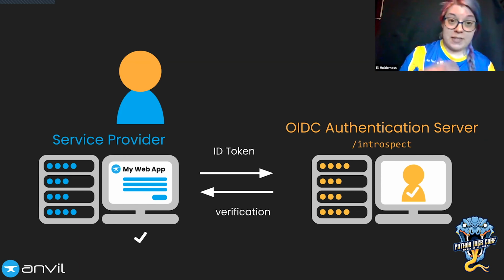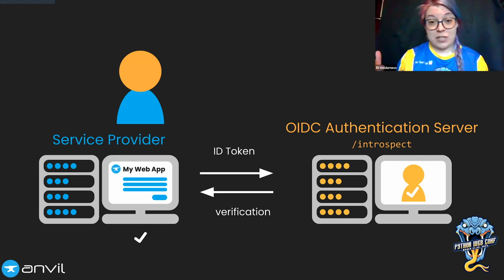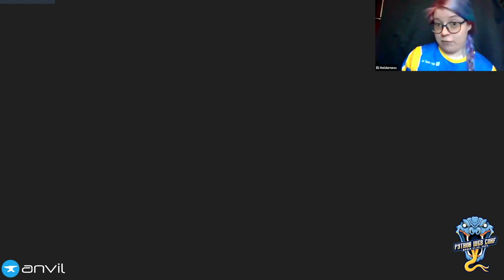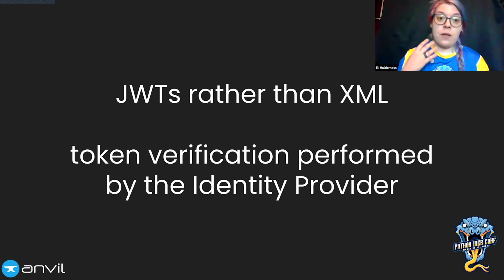And one of the things that this gives you is that the authentication server has at this point the option to revoke access for that specific token. It could say, oh yeah, I did log that person in, but they've since deleted their account, or I did that in error. And this allows an extra layer of security and for the service provider to trust that the ID token is legitimate. There are two main differences between OIDC and SAML, and they are as follows.